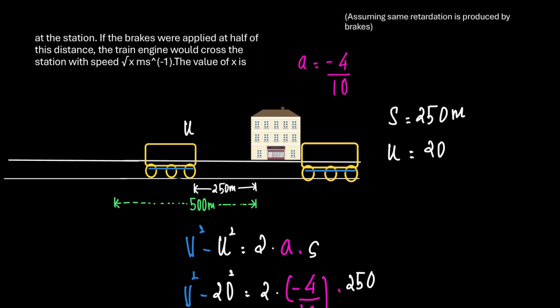Because it is crossing the station. So what will be the velocity when the train crosses this station is the question, right? If the brakes were applied at half the distance.